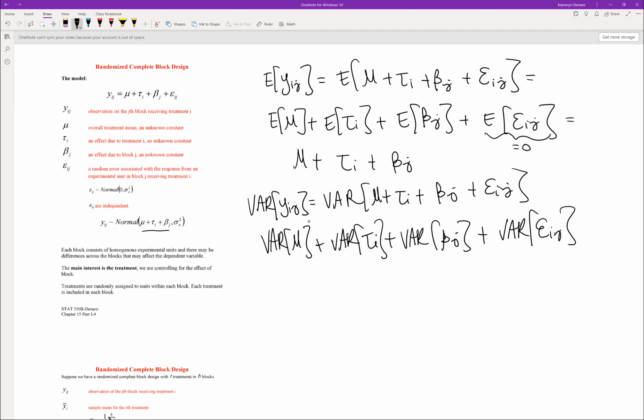Since the mu's, the tau i's, and the beta j's are unknown constants, those pieces are equal to 0. They don't vary. So the variance of yij is equal to the variance of epsilon ij, which is just sigma squared epsilon, what we found here. Now, since epsilon follows a normal distribution, then y is also going to follow a normal distribution. So that's how we got the normal distribution.